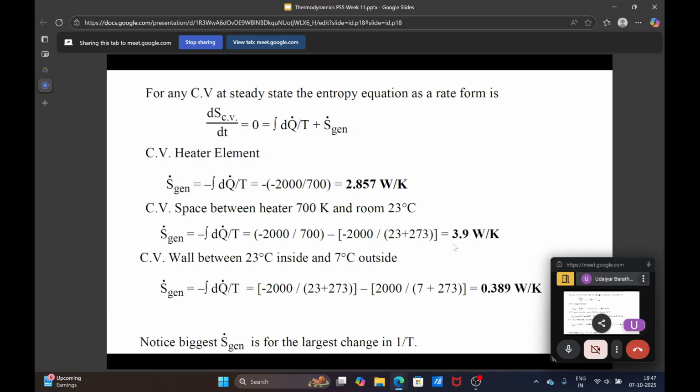So here what you have is 1/10 of the entropy generation. The largest entropy generation is because of the largest temperature difference, because it is inversely proportional to T.